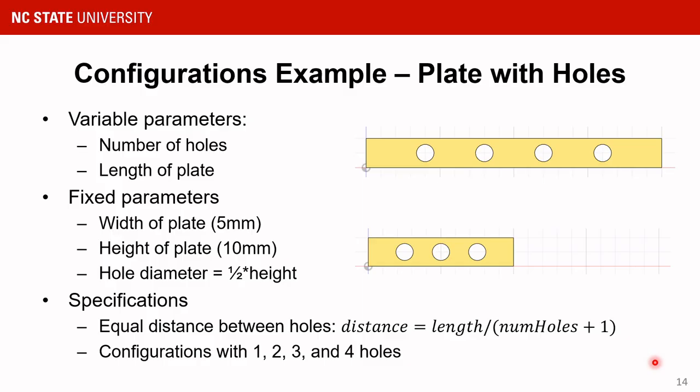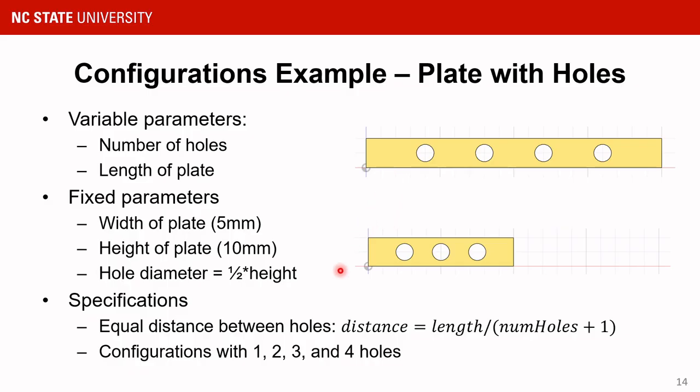And that's because here we have 4 holes. The distance between each hole is the total length divided by 5. So 4 holes plus 1 is 5. And here we have 3 holes. We need 1/4 of the total length. So 3 holes plus 1 is 4, and we get 1/4 of the length for the distance.